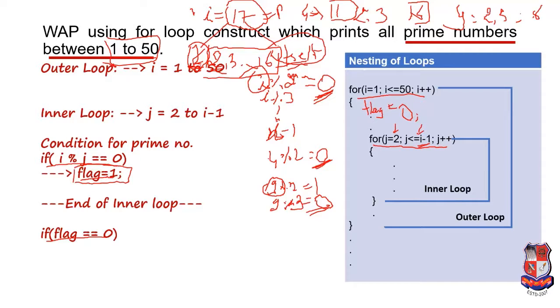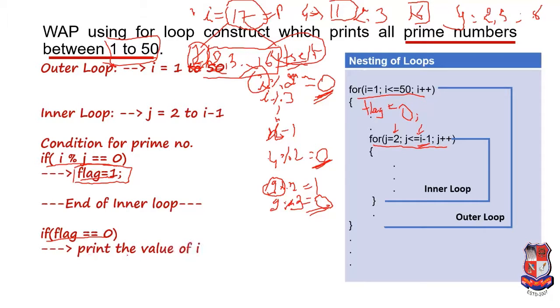In such a case the flag value is set to 1, which means that this number is not a prime number. If the flag value is 0, then our number is a prime number, because if the flag value is set to 1, then that number is not a prime number. If the flag value remains 0, then it is a prime number.